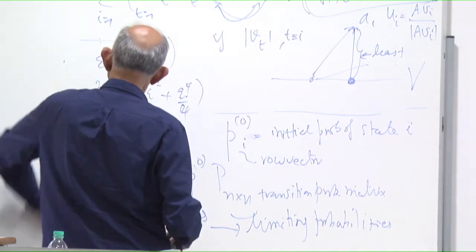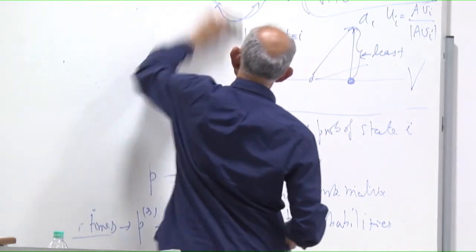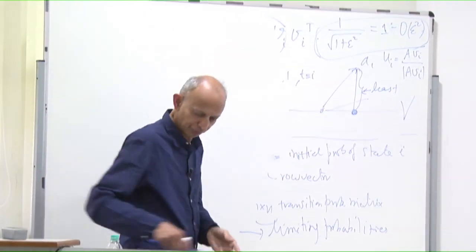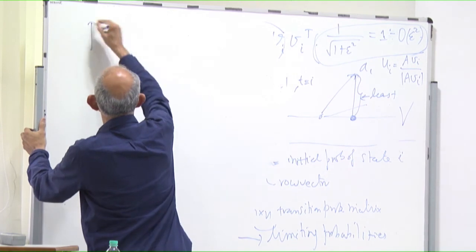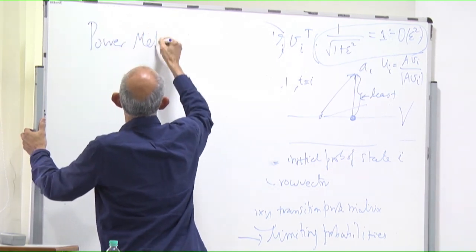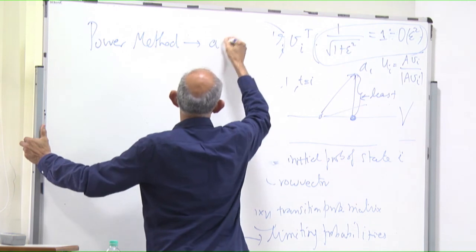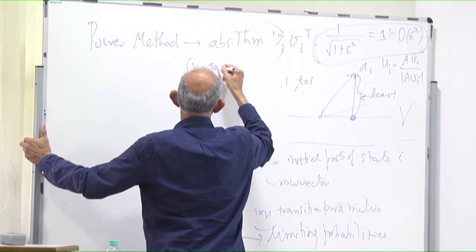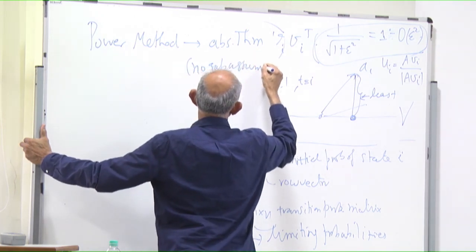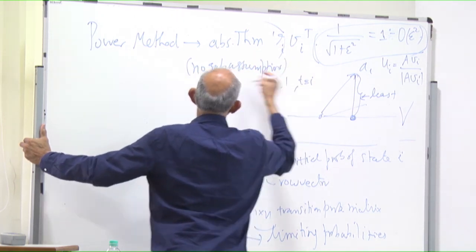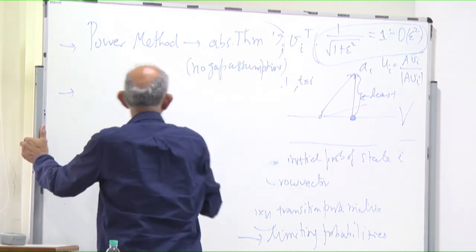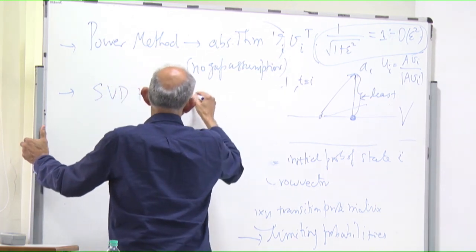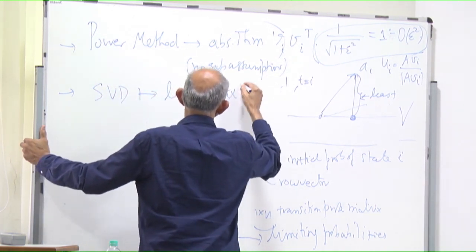So what will happen after this in the next few lectures, including possibly today, some of it, is we'll see the power method with an absolute theorem, absolute meaning no gap assumptions. Possible today, possibly not. And then we will see how SVD helps us learn a mixture of two Gaussians.